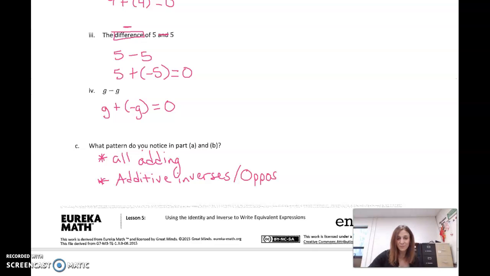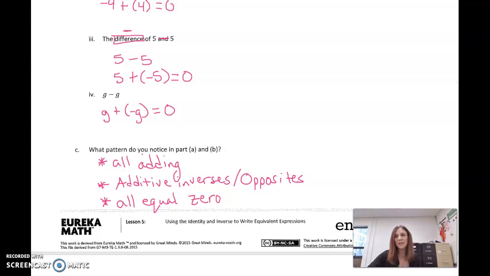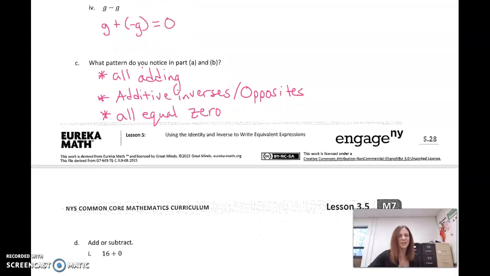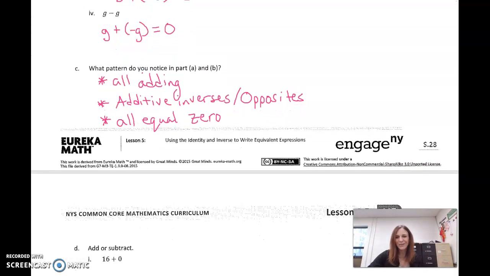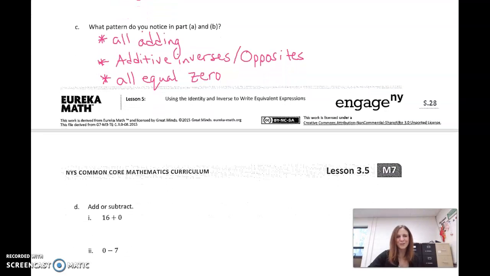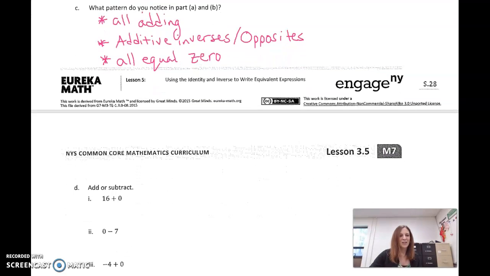Opposites. And what did they all equal? Our additive inverses are opposites. When you add them together, they always equal 0. That's going to be important as we get into solving equations. Like duh, right? We know that if you add opposites, you get 0. But that's important when we solve equations. So that's our additive inverse.